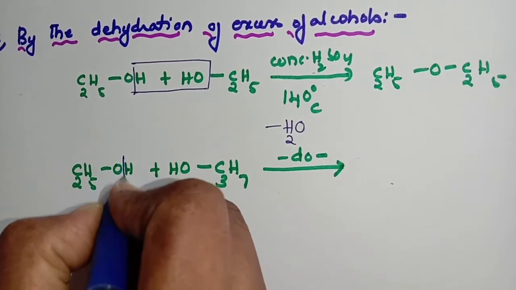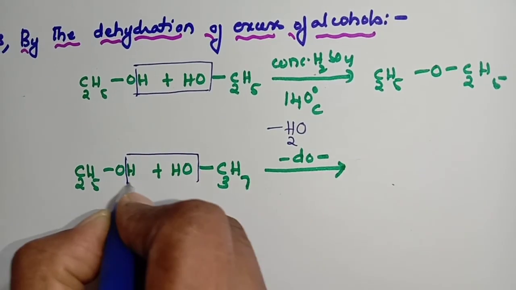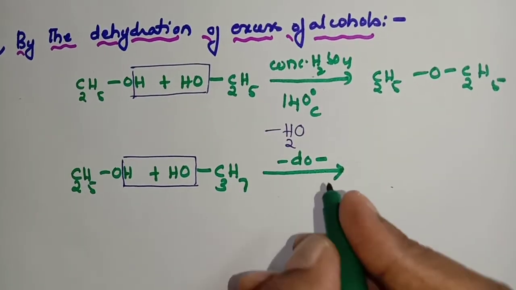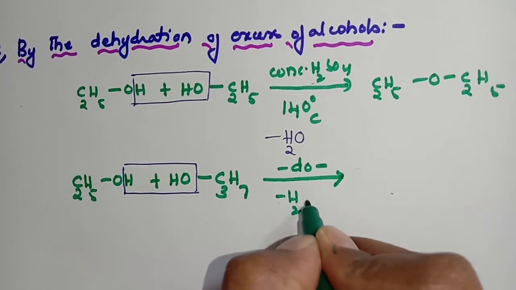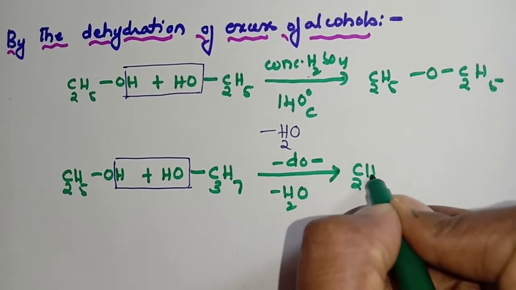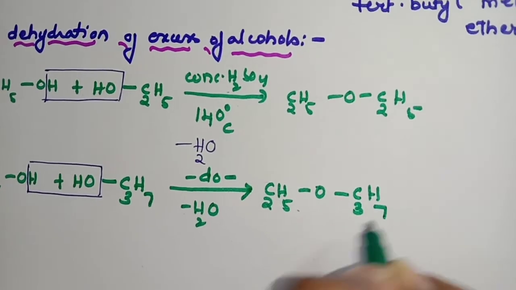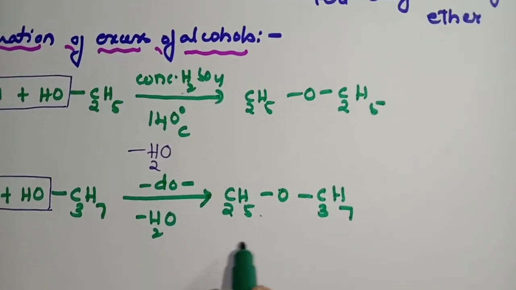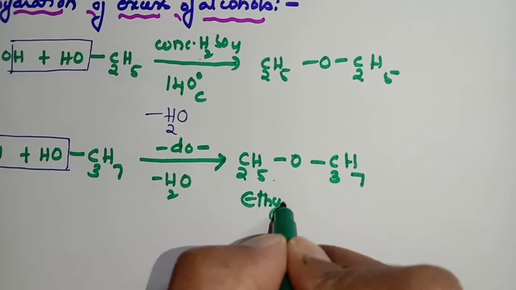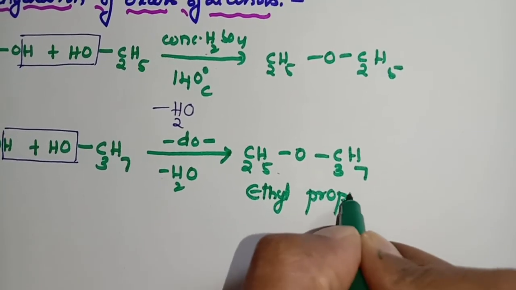So one chance is removal of water like this, minus H2O, and formation of C2H5O C3H7. So ethyl group, propyl group. It is called ethyl propyl ether.